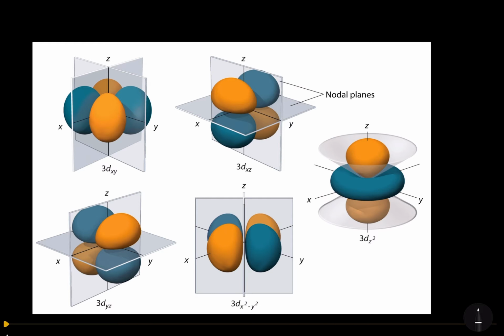You can imagine the nodal plane in 3 dimensions in case of 3dxy, 3dxz, 3dyz, and 3dx square minus y square. But in case of 3dz square, you have to carefully imagine the picture and the nodal plane. So these are the nodal planes where the probability of finding an electron is 0.